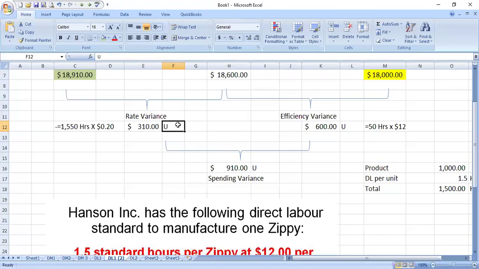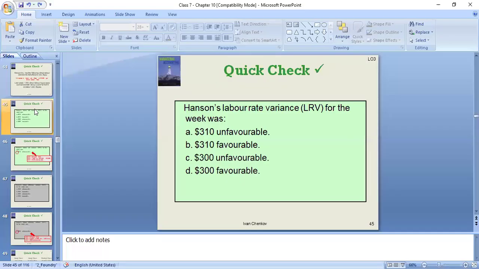The only thing that I want you to remember here is that we have rate variance is 310 unfavorable and efficiency is 600 unfavorable, because probably there will be some multiple choice questions that we have to answer. Now let's go with the first one.